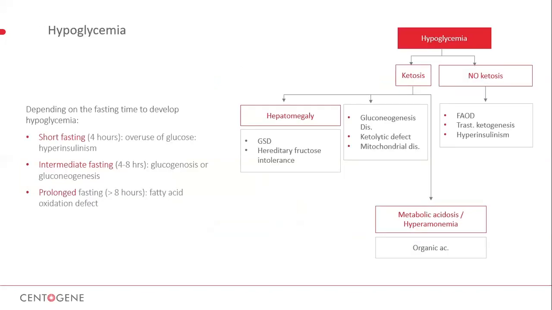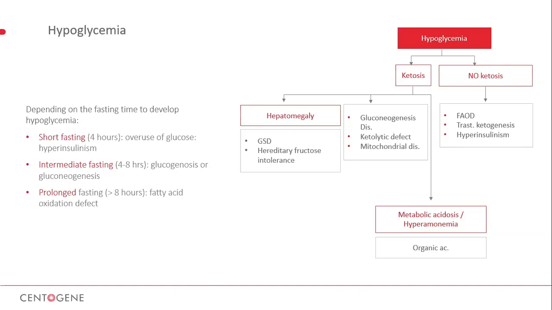And lastly, we have hypoglycemia, to which the normal metabolic response will be to start fatty acid oxidation in order to generate an alternative source of energy. So if we find hypoglycemia without an increase in ketones, then we should expect that there is something wrong with the production of ketones.